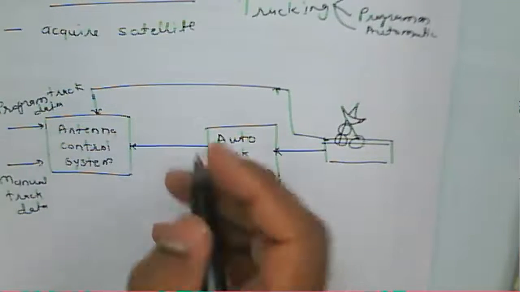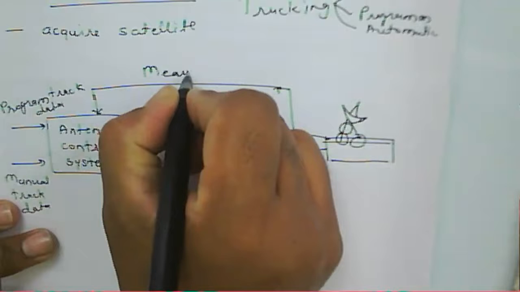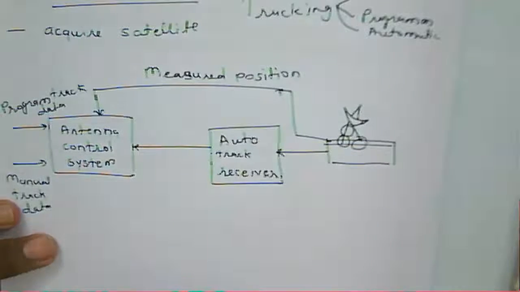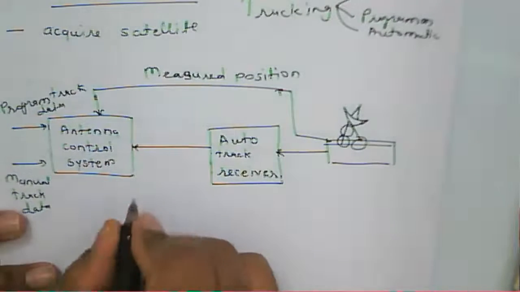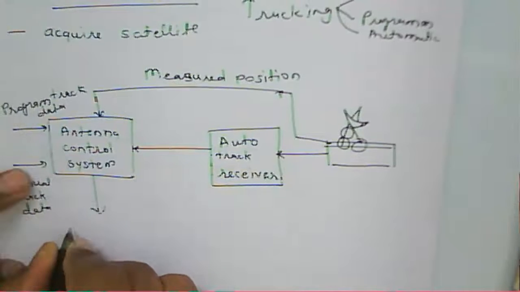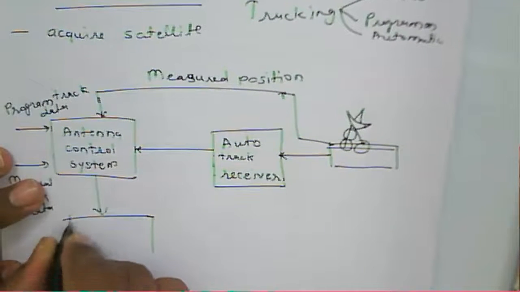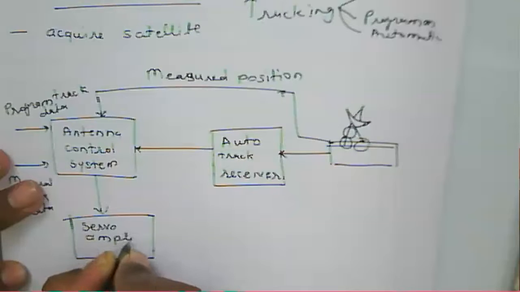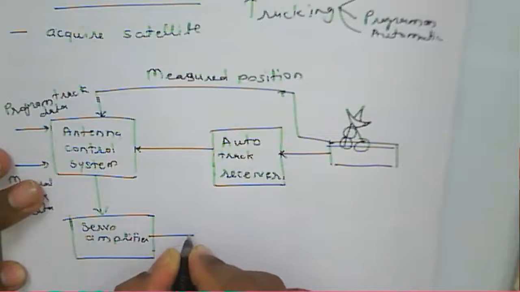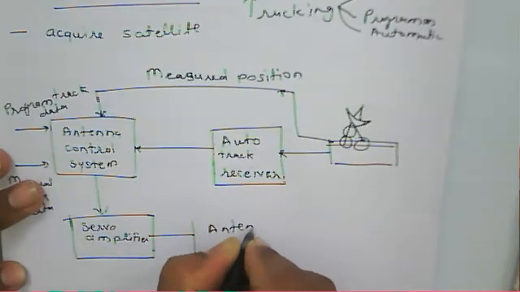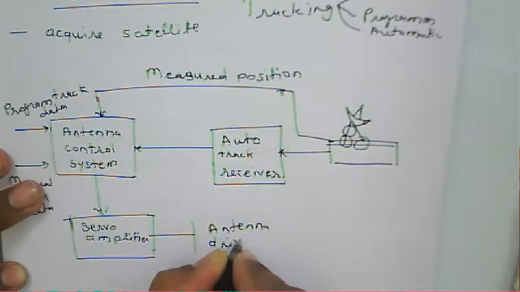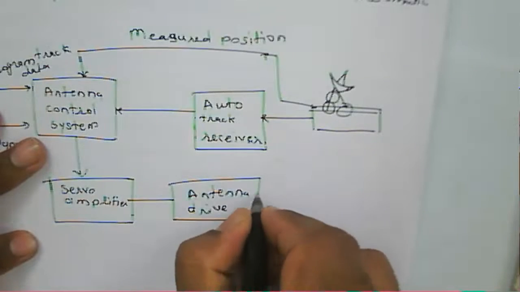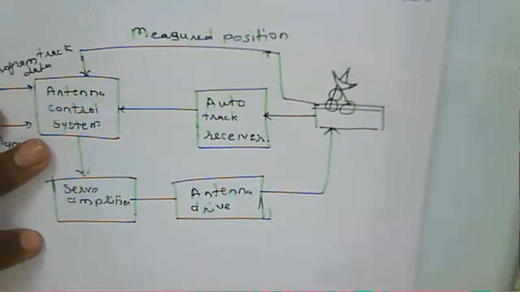Likewise, we measure the position of the antenna, and then according to that the servo amplifier will produce the input to the antenna drive system, and then it will change the position of the antenna.